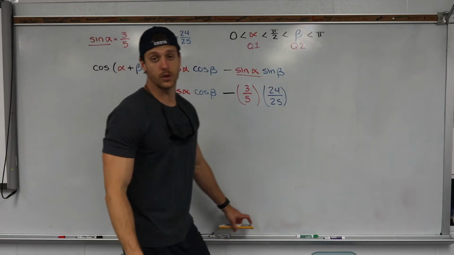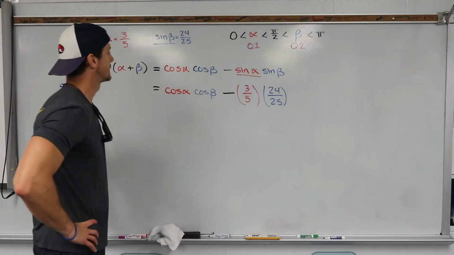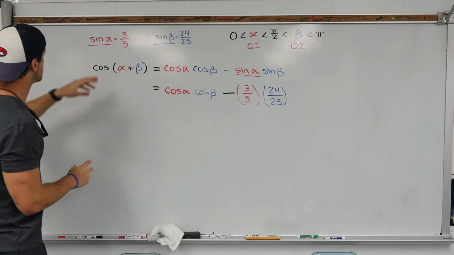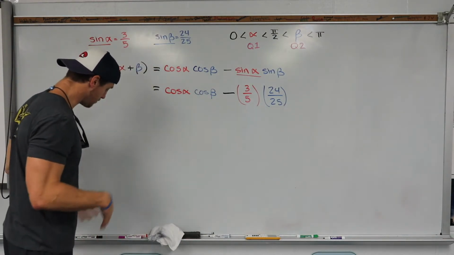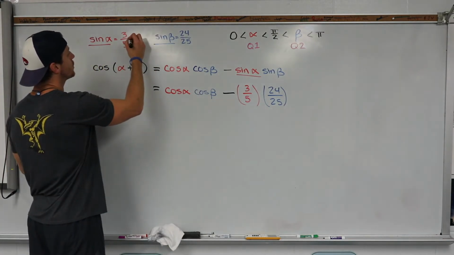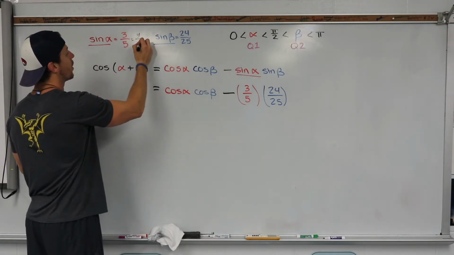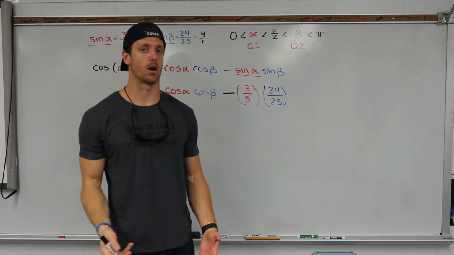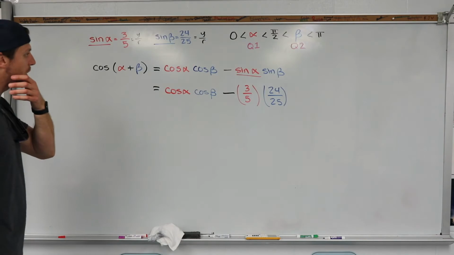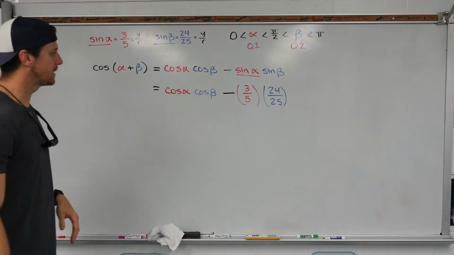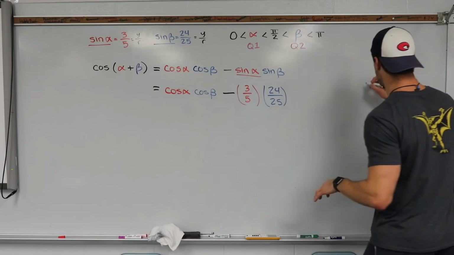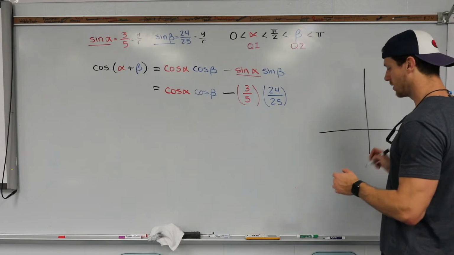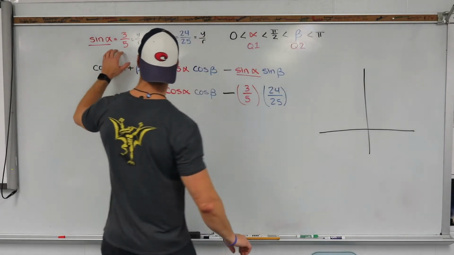So what I'm going to do is draw basically triangles, because we know that sine, no matter what, is equal to y over r. This is y over r. We can make triangles in terms of x, y, and r. Because they're in different quadrants, I'll just draw it right here. Let's do alpha first.